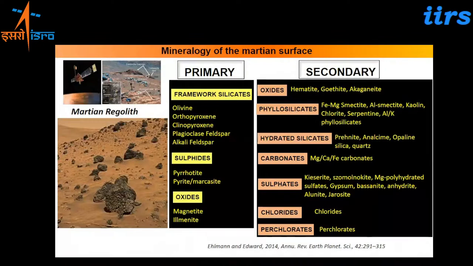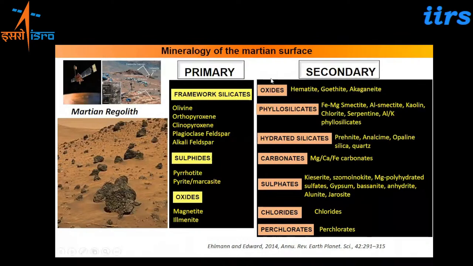So it is characterized by a distinctive reddish hue, imparted by the presence of iron oxides, ferric oxides and oxyhydroxides. So the Martian regolith shows a reddish color. While on the Moon we observe only primary minerals, Mars also has secondary minerals that are formed by alteration of minerals by water.